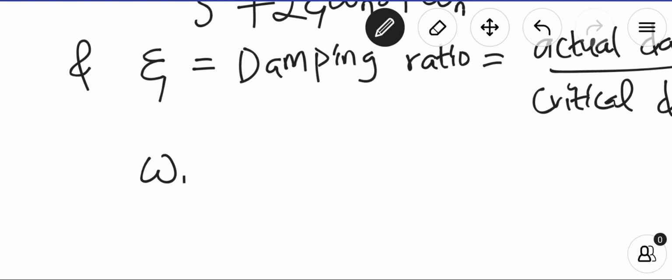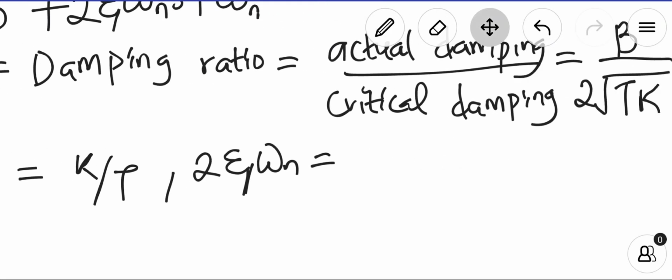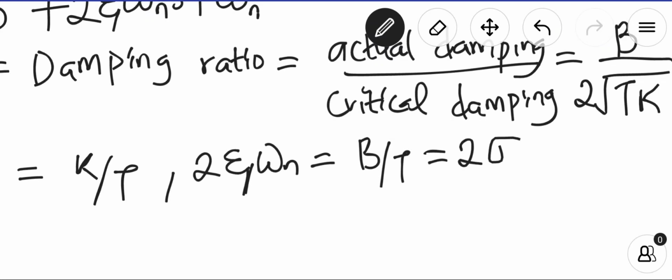Then we have wn squared equal to k over T, and we have 2 zeta wn equal to b divided by T, which is still equal to 2 sigma.